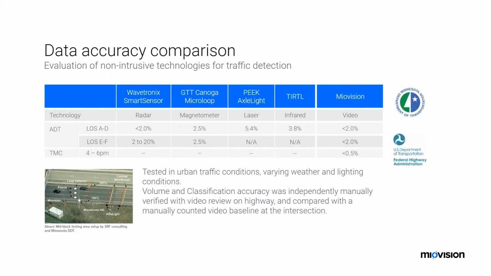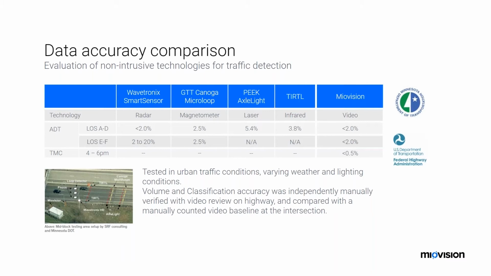The results here show that for ADTs at a level of service A to D, all of the solutions actually did quite well. But once you start moving into level of service E to F with congested traffic at lower speeds, you can see where some of the other technologies start to fall by the wayside. For example, radar went from 2 to 20% in errors, magnetometer stayed consistent, but we weren't able to get conclusive results with laser and infrared, and therefore they didn't perform in those conditions.